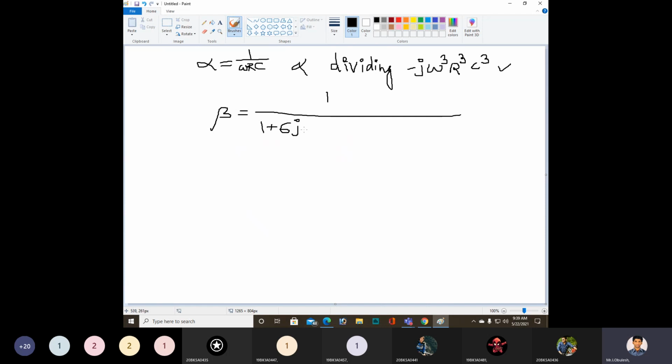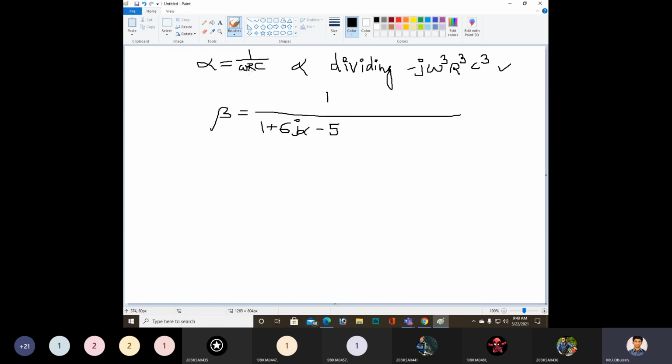Here you have omega rc, so you need to keep alpha here. Minus 5, here we have omega square c square r square.